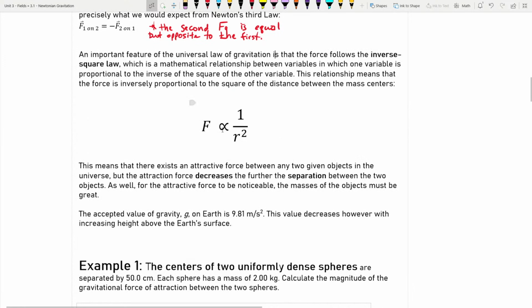Now, I just point out here again that it's an inverse square relationship, and just a reminder that that means that this force isn't constant just based on the mass, but decreases as a function of distance. So the accepted value of gravity on Earth is 9.81 meters per second squared. This value decreases with the increasing height above the Earth's surface.